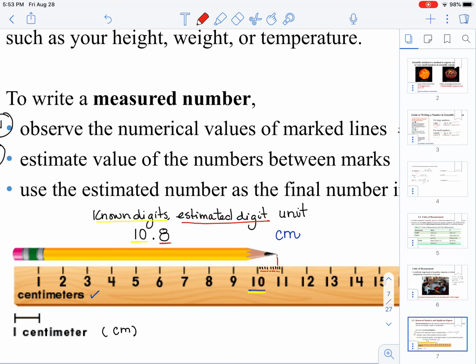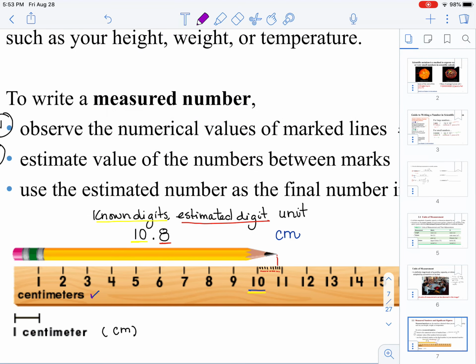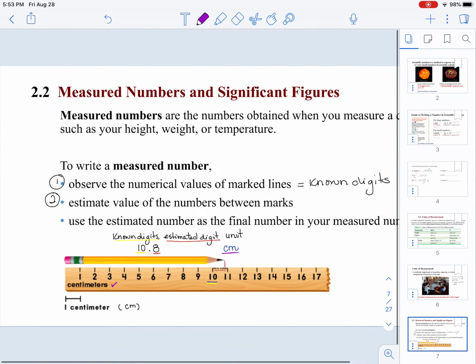In this case, we are assuming the 0.8. Okay, we're estimating the 0.8. And then remember to include the unit of measurement, that in this case is centimeters. So I will say that this object is 10.8 centimeters.